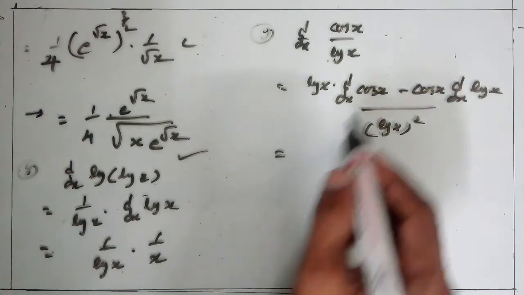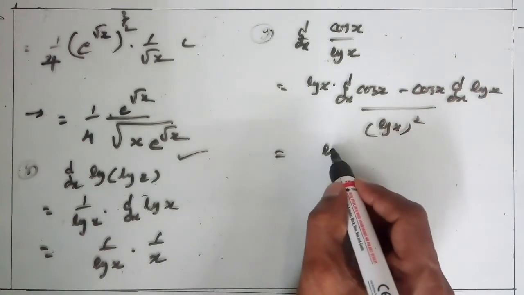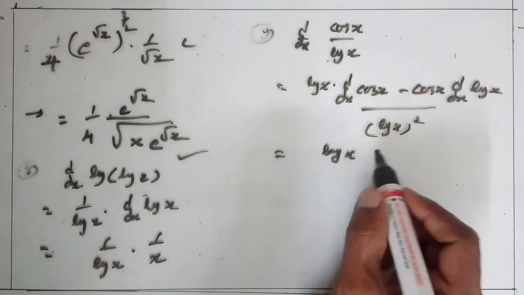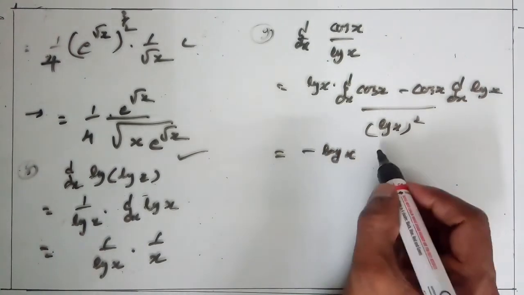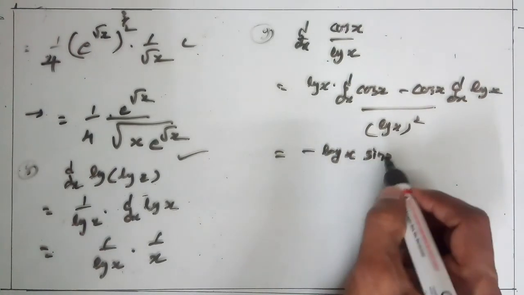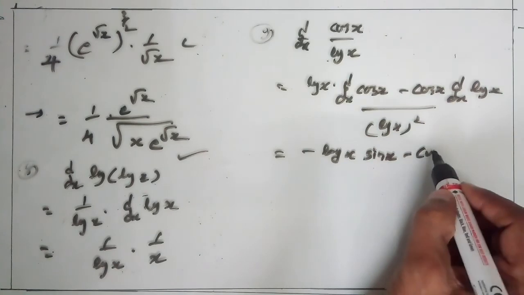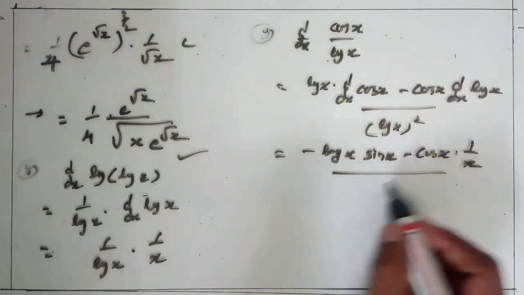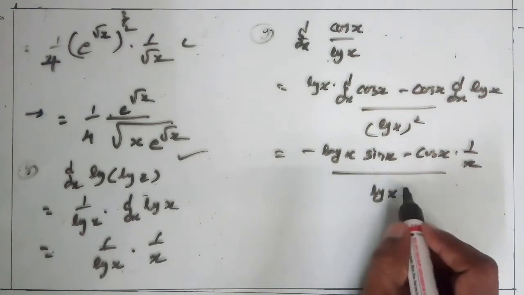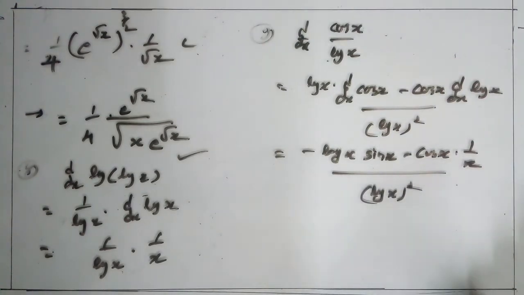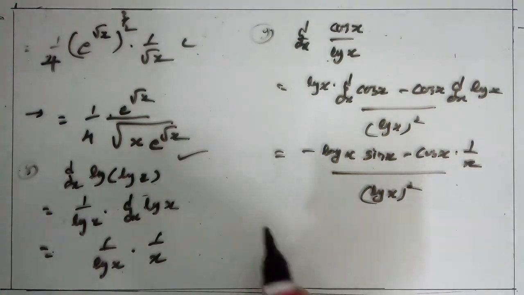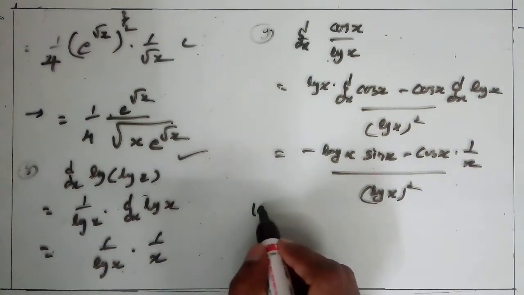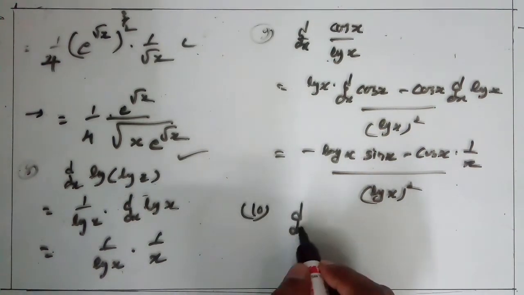Clear? So the derivative of cos x is minus sin x, times log x, minus cos x into the derivative of log x, which is 1 upon x, upon (log x)^2. Clear this? Answer.